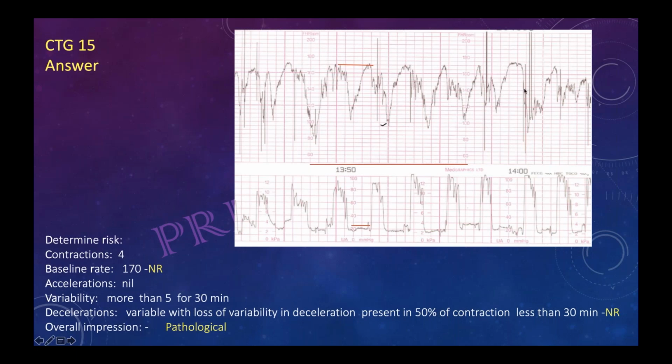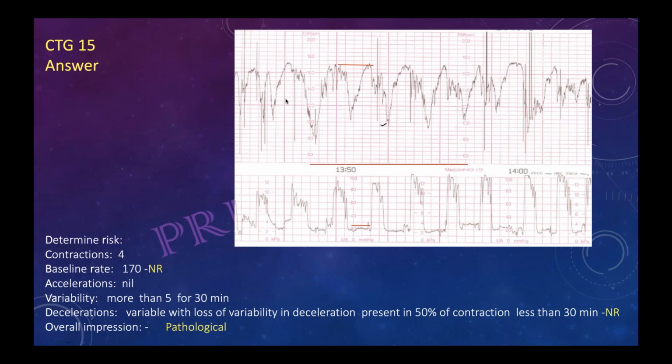Okay, so if the variable decelerations are there and they are with features, and if they are present more than 50% of contraction, then it has to be less than 30 minutes for NR feature. But if we see very rare variable deceleration with feature, and they are present less than 50% of contraction, then time will be more than 30 minutes.